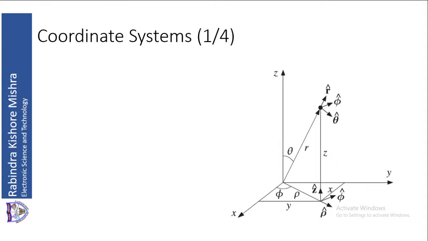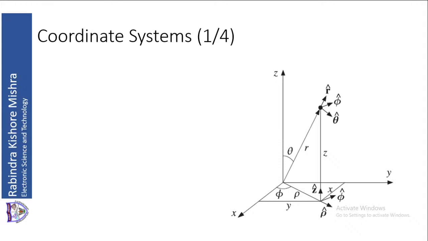Then from the point where the projection meets the xy plane, if I draw perpendiculars to the x-axis and to the y-axis, they give me the x and y coordinates. Now the projection rho makes an angle phi with the x-axis. So now we have got x, y, z, we have got r, theta, phi, and also rho and phi.